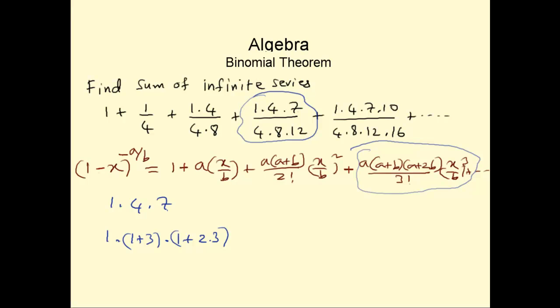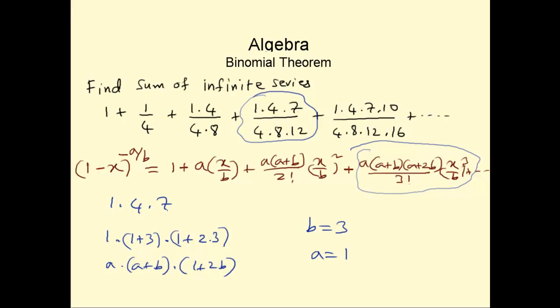And here you have a times a plus b times a plus 2b. So very clearly b is equal to 3 here, right? And how about a? A is 1.